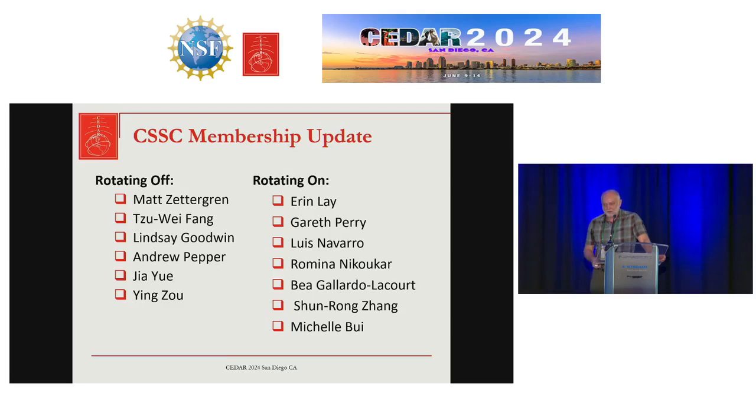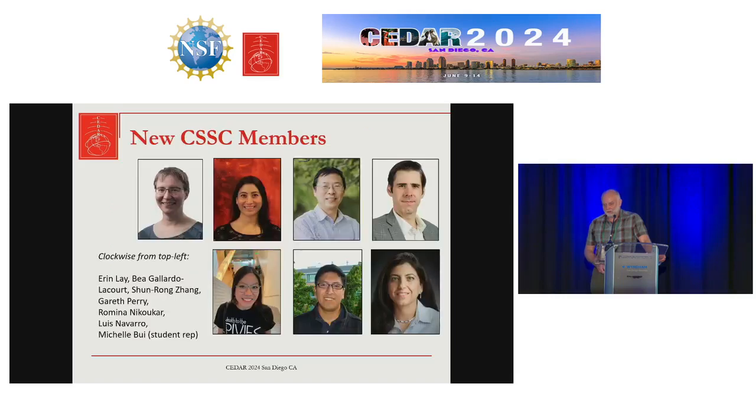I demonstrated my inability to count because we've actually got a couple more coming on than going off. But that's actually useful because we've got so much to do in this coming year with trying to organise a CEDAR GEM workshop and looking at this strategic plan. So I think this will be really good. These are the photographs of our new members coming on. I'm very excited to work with them.